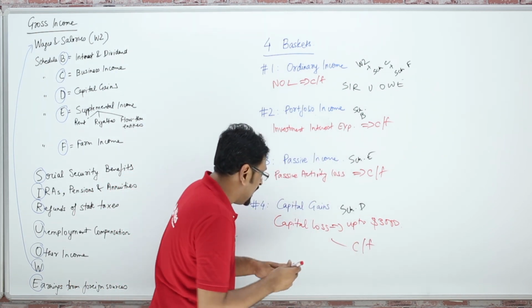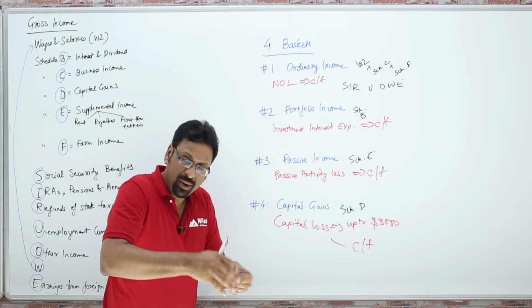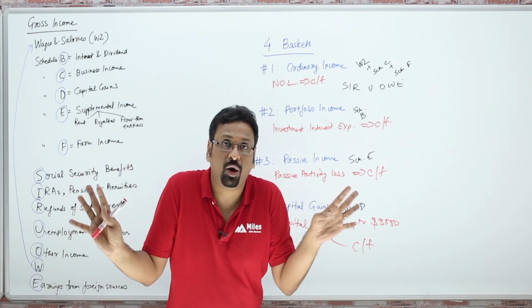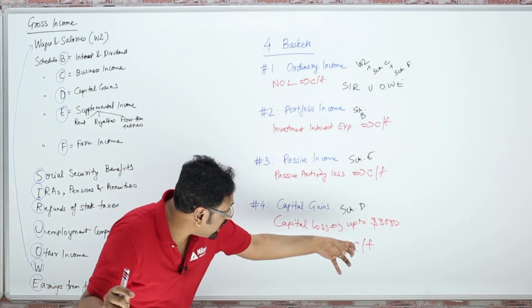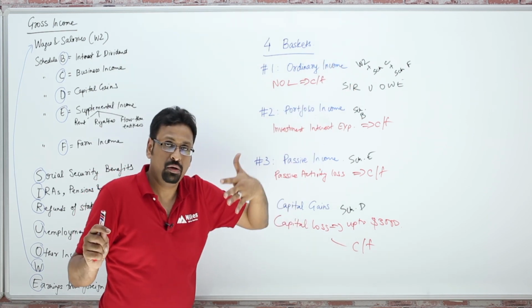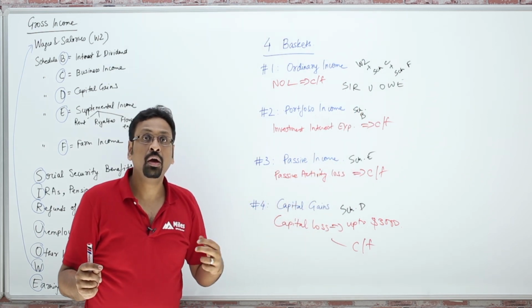So let's say if you have $8,000 of capital losses, $3,000 deduct this year. Remaining $5,000, carry it forward. Let's say next year you had no capital gains, no capital losses, nothing. Next year again you can take $3,000 out from the basket. And for the third year, the year after next, you're going to have the remaining $2,000.